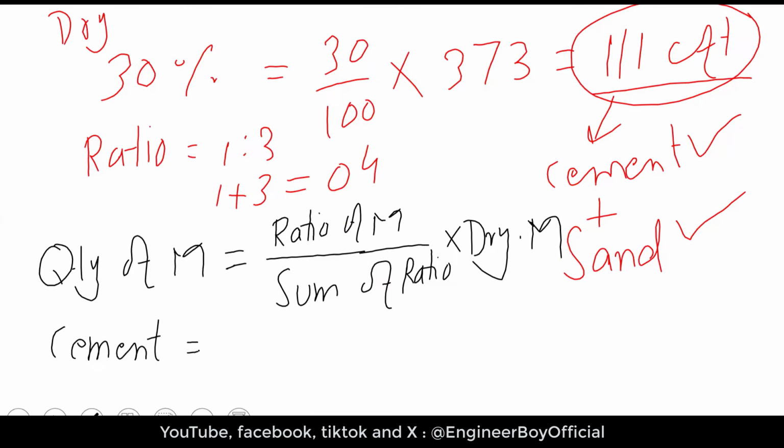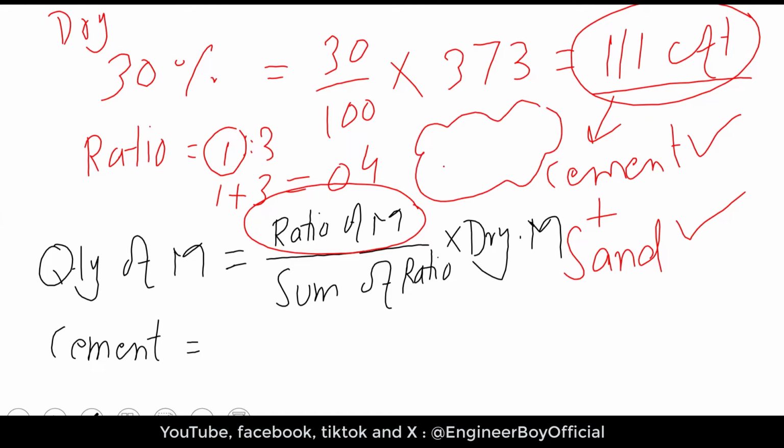Now the ratio of material, just look over here, is 1 in the same ratio. Because 1:3 means, what do you mean by 1:3? Anyone know about this? One cement and three sand. Yes, so one bag of cement.